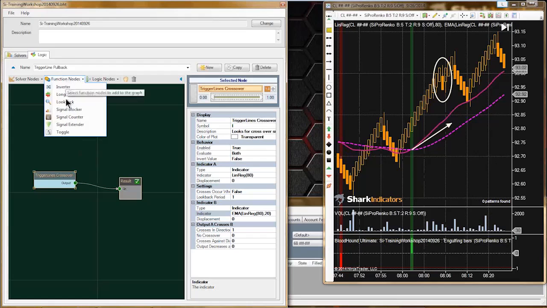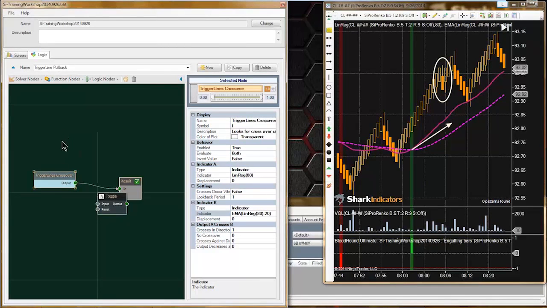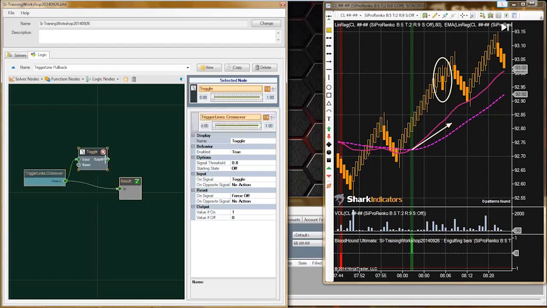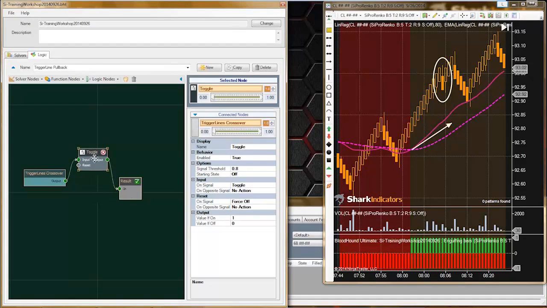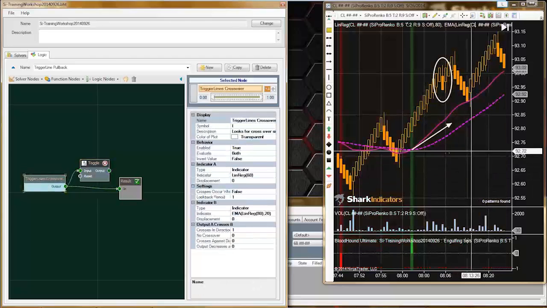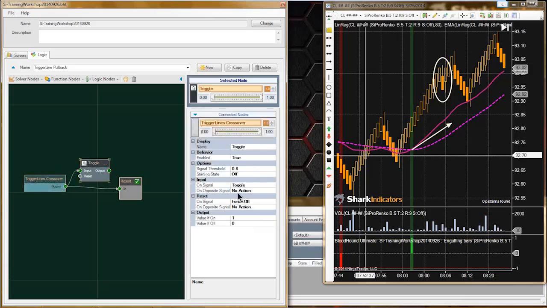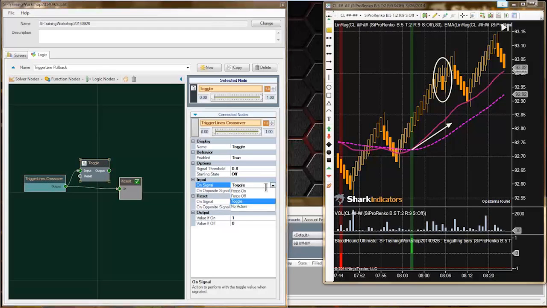So let's start looking at the toggle node. Alright, so here's how we need to set the toggle node. When we get a signal coming in, in other words, take a look at this, when we get this long signal coming in, we want to turn the long state on.